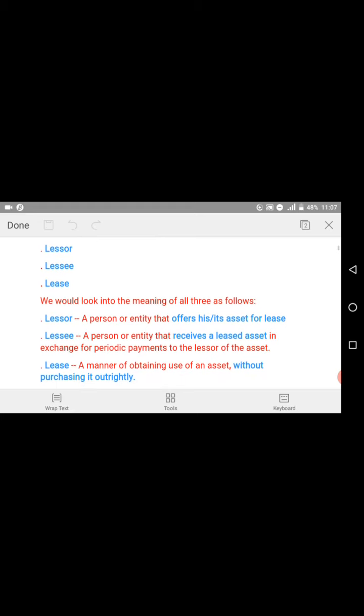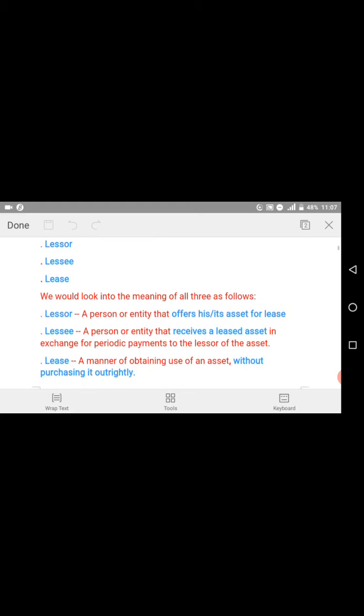Then we'll go over to the third frequently used definition, which is lease itself, which is a core word in IAS 17. Now, lease is a manner of obtaining use of an asset without purchasing it outrightly.